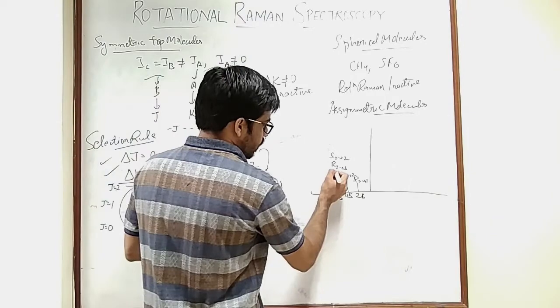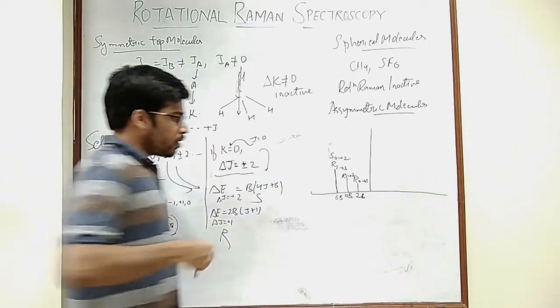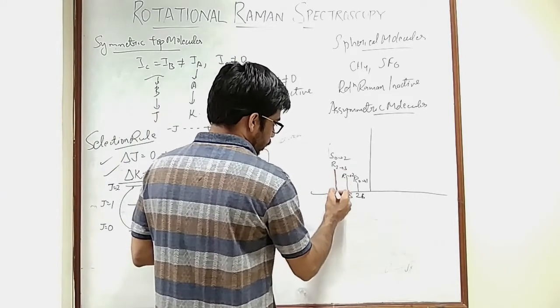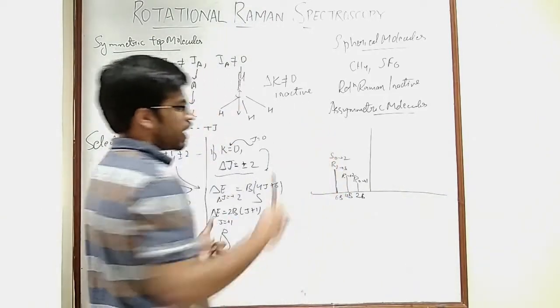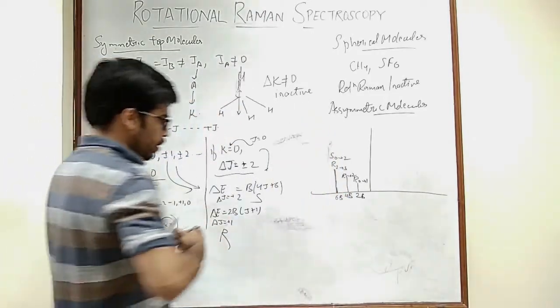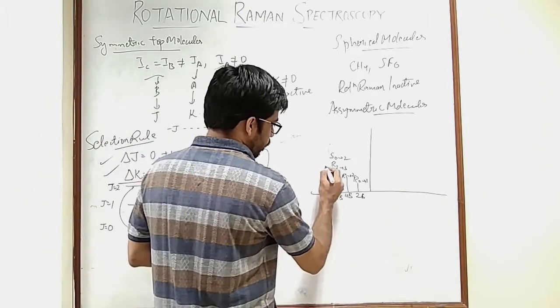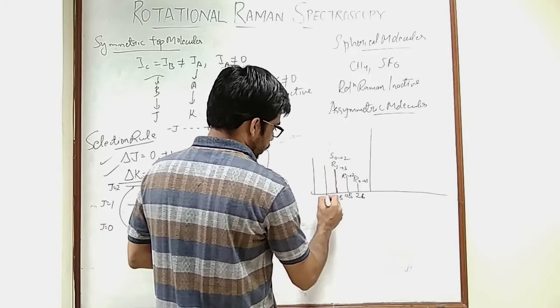So let's say I do it with a different color. So this would look something like this. That would mean that here an S line and an R line have overlapped. What's going to be the next line? Next is going to be at 8, and then we are going to have one at 10.